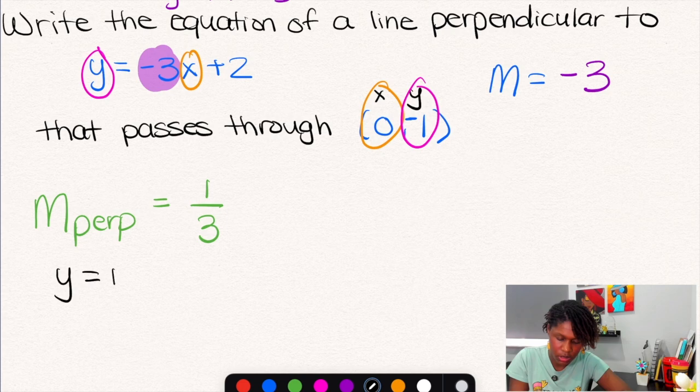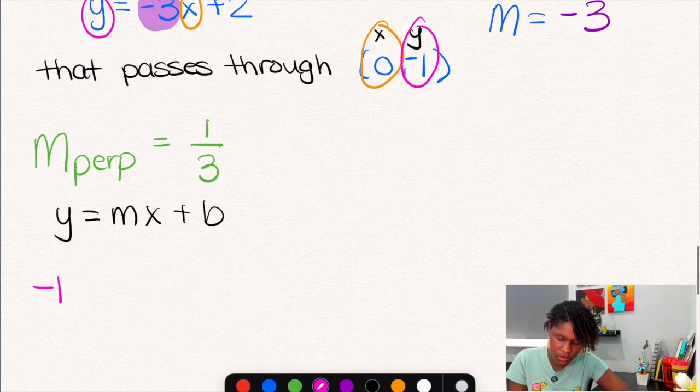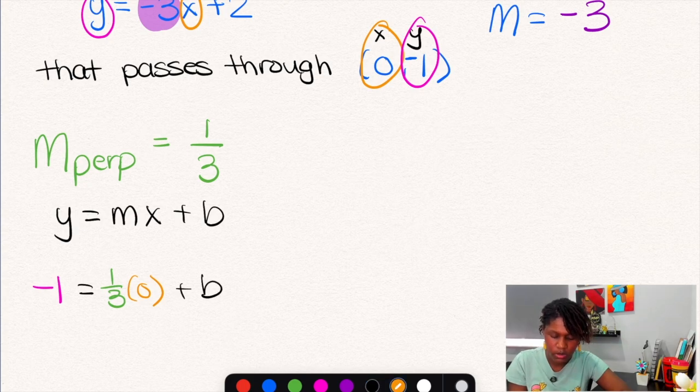y equals mx plus b. So negative 1 is equal to 1/3 times 0 plus b. And we know that anything times 0 is 0. So all we're left with is b is equal to negative 1.